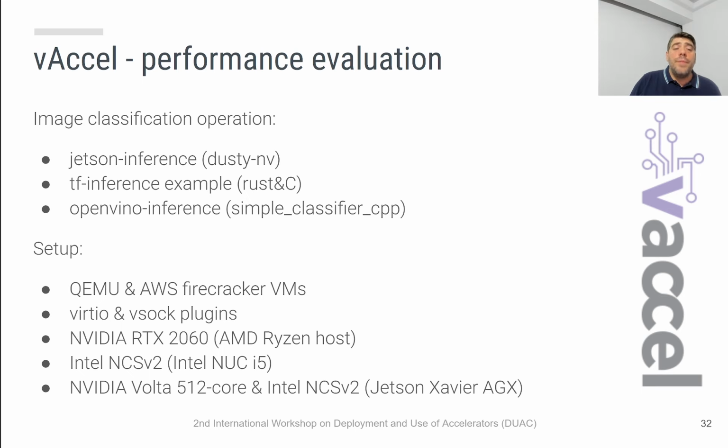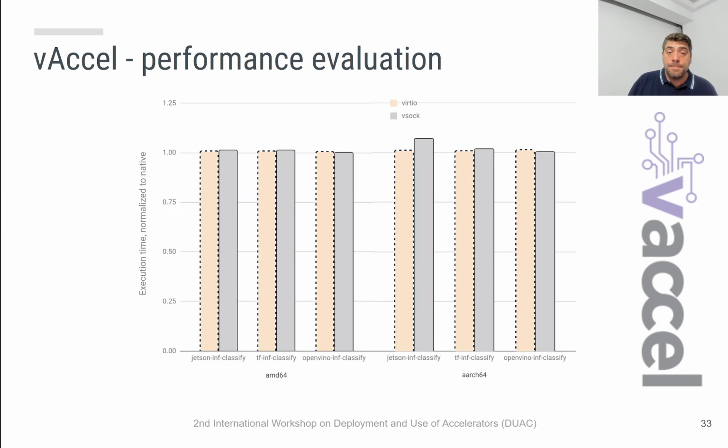We've got both virtio and vsock plugins, an NVIDIA RTX 2060 on an AMD host. The OpenVINO is run on the Intel Neural Compute Stick on an Intel NUC i5, and the ARM experiment is run on an NVIDIA Jetson Xavier, using both the GPU and the Intel Neural Compute Stick.